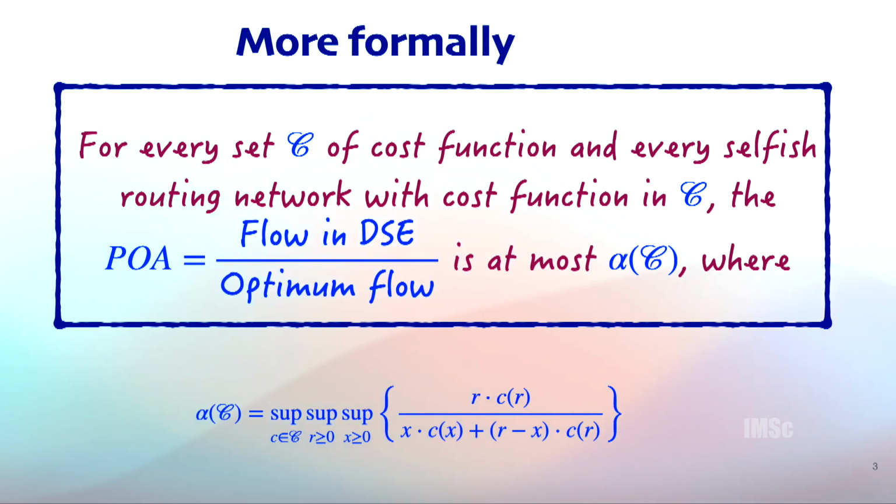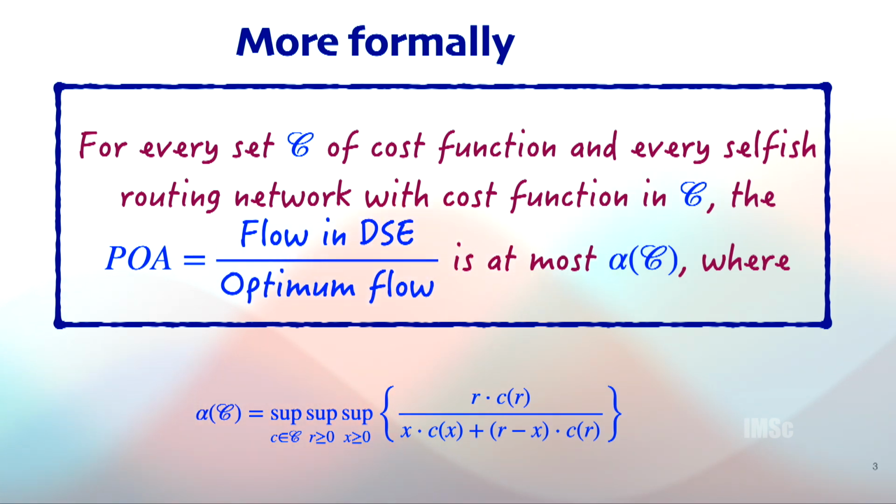Supremum here means the largest value you get, and among those cost functions, you are looking for a value r and x, which tells you how to split the flow across. This particular term should be a remnant of the Pigou-like network.